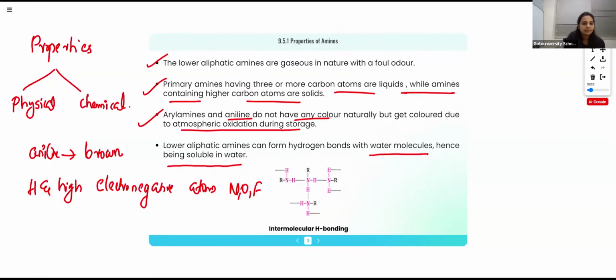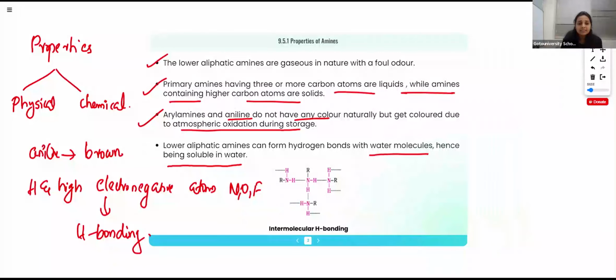That is called hydrogen bonding. Hydrogen bonding is a type of intermolecular interaction between a hydrogen atom and a highly electronegative atom like nitrogen, oxygen or fluorine.